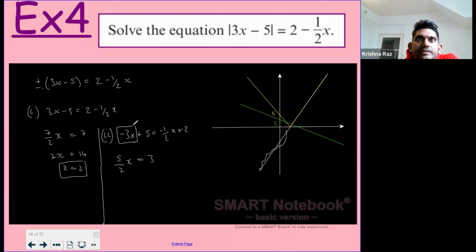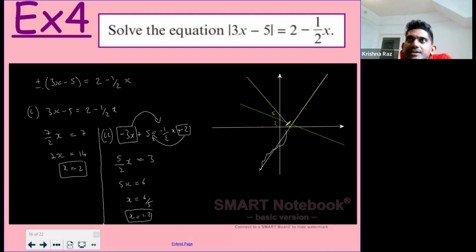So I'll move that there and move this here. So 5x equals 6, x equals 6 over 5, so 1.2. And those are the solutions. So you can see that solution there is 1.2, and that solution there is 2. Hence why the graph was a little bit squashed.